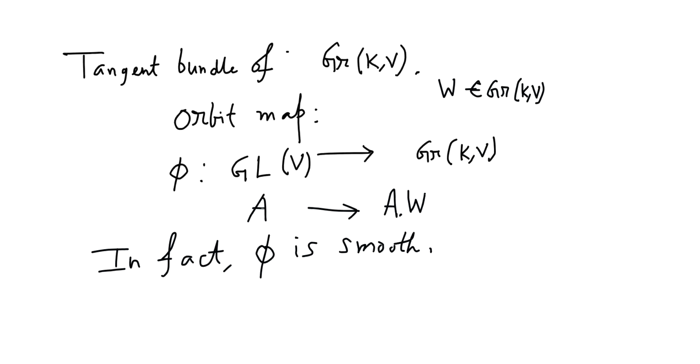So you can differentiate this map at the point identity. So where does identity go? Identity goes to W only, isn't it?